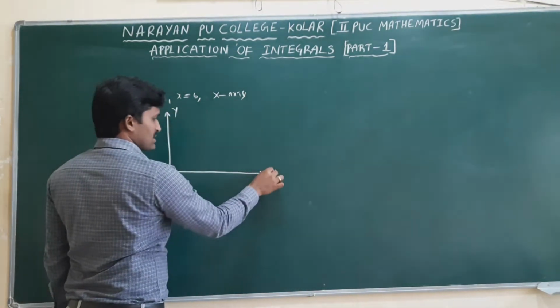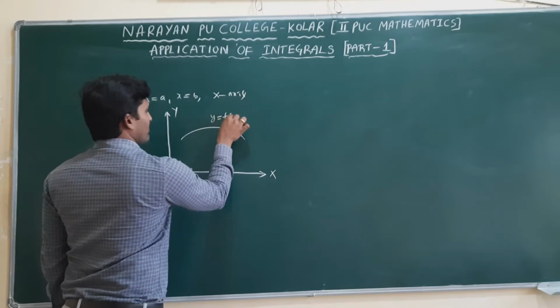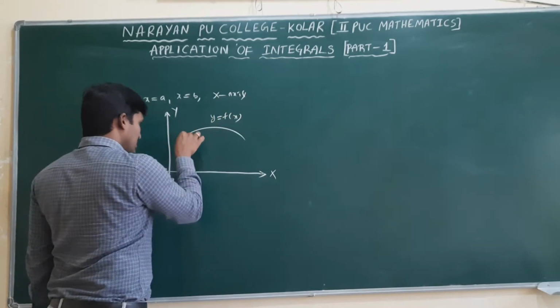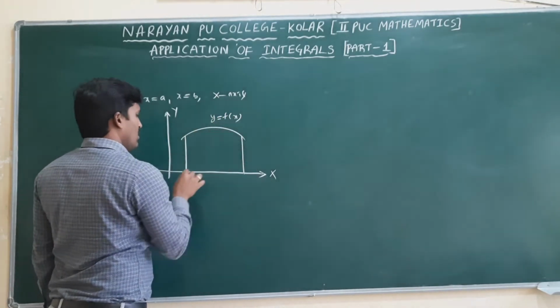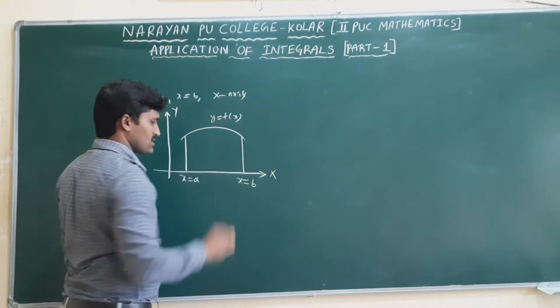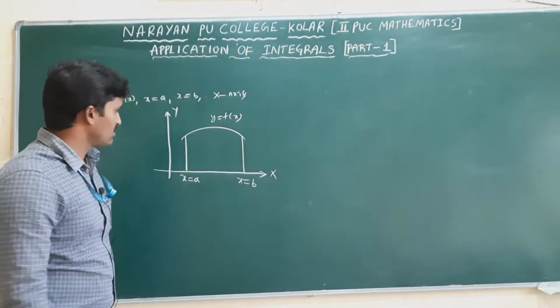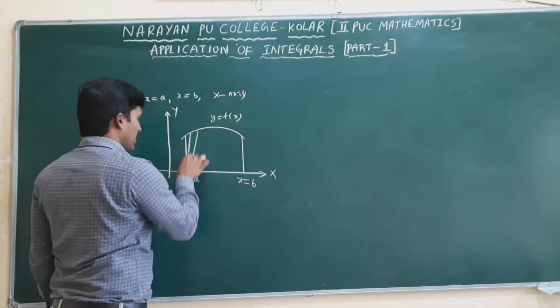We are taking the y axis and the x axis, the curve y equal to f of x, the limitations x equal to a and x equal to b, and the x axis. Clearly this region is above the x axis, and this is the area we need to find.